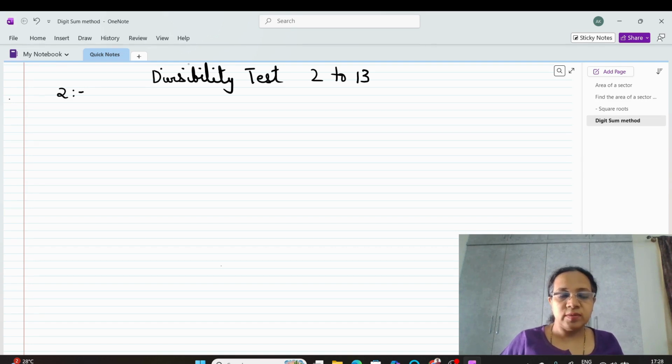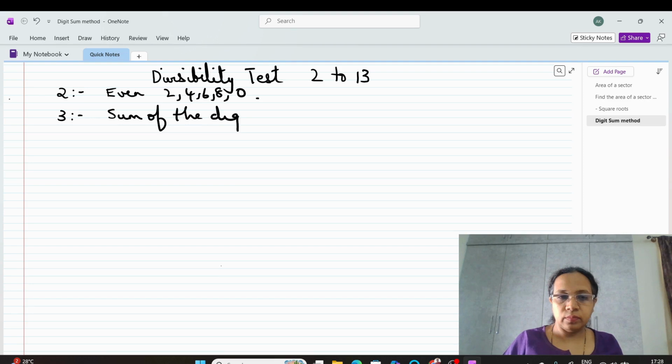To check if a number is divisible by 2, it has to be even, or it has to end with 2, 4, 6, 8 or 0. To check if a number is divisible by 3, the sum of the digits of the number has to be divisible by 3.